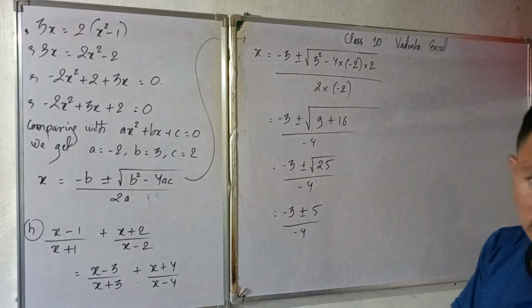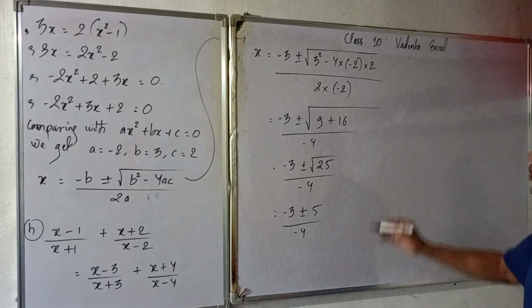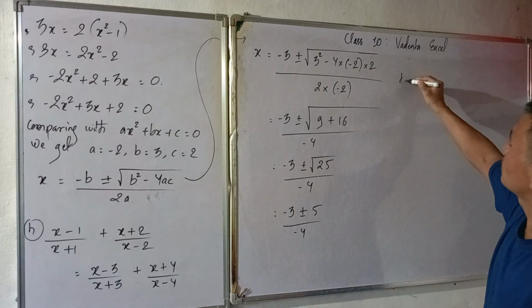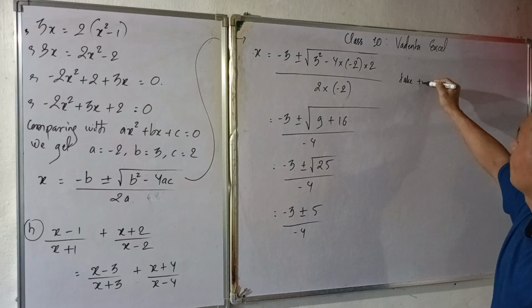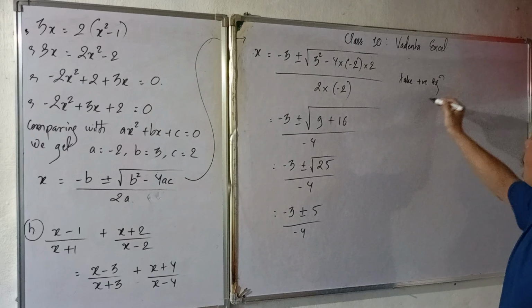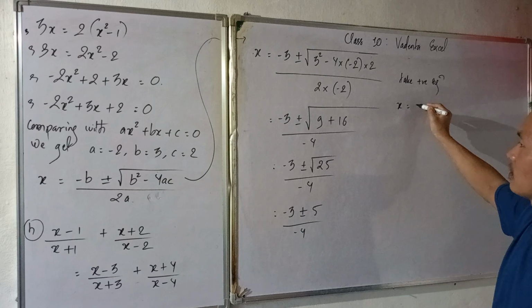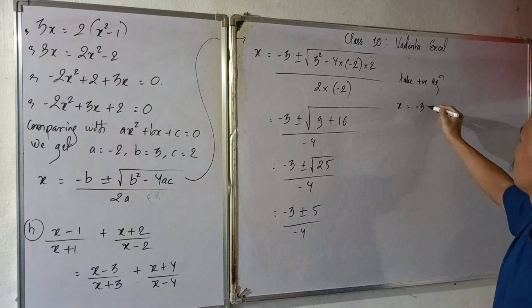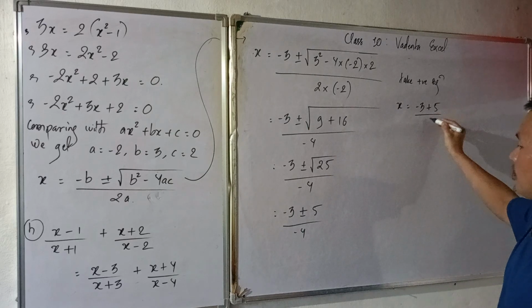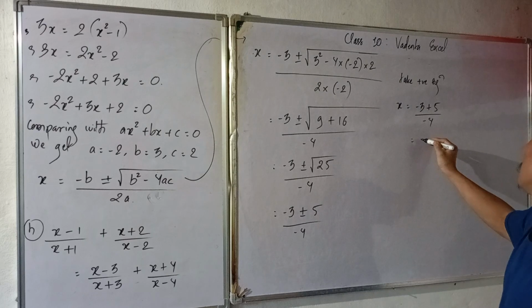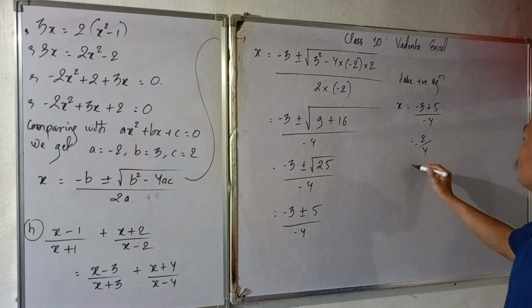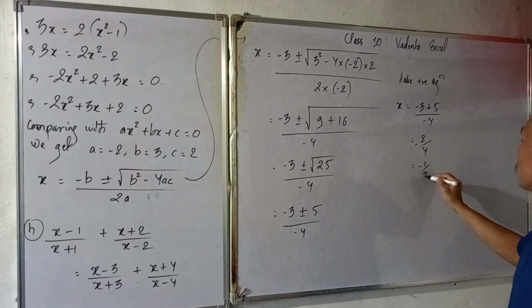Now you know the next step, take the positive sign, you will get the value of x: minus 3 plus 5 divided by minus 4, this becomes 2 by minus 4, which is minus 1 by 2.